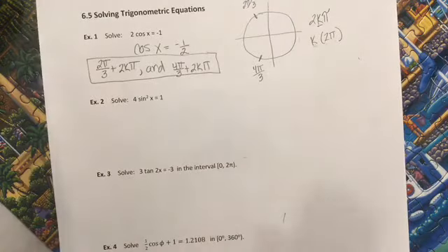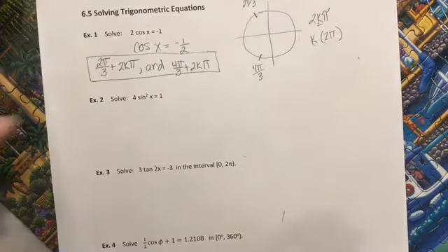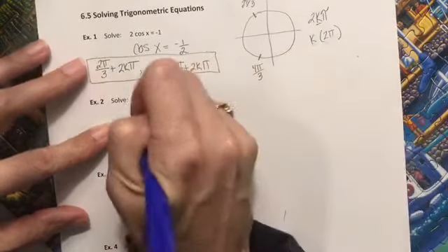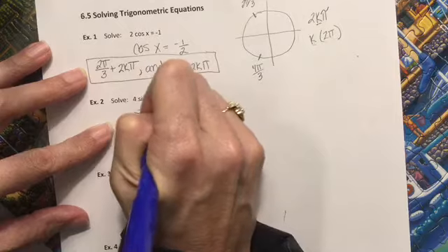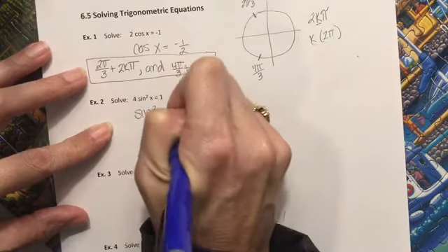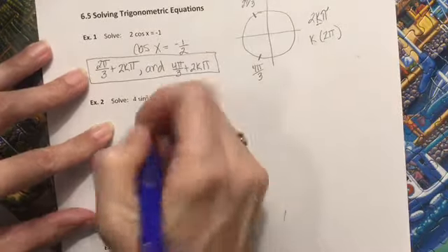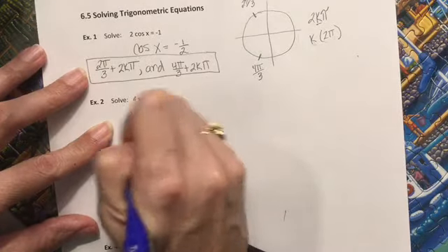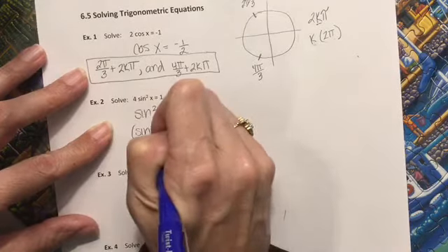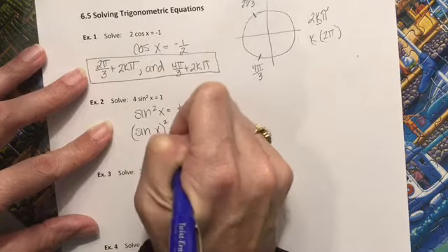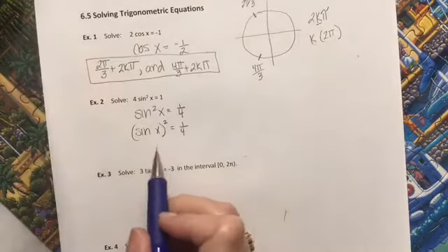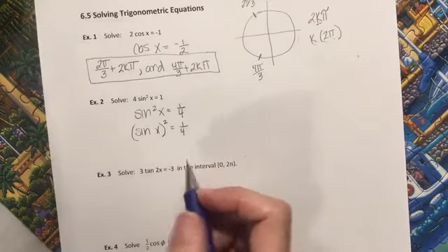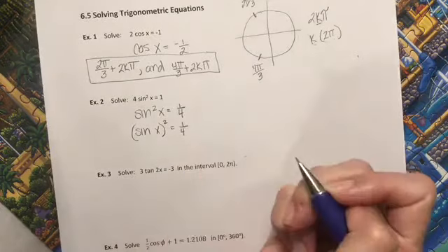We do the same thing with this one: we're going to get the sine squared x all by itself. So sine squared x equals 1/4. So what they're saying really is, if you take the sine of... is that how I'm going to say it? Okay, so algebraically, how we get that alone is you would take the square root of both sides.